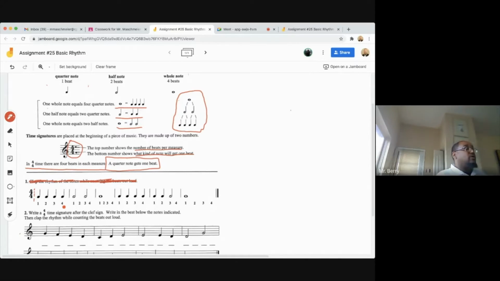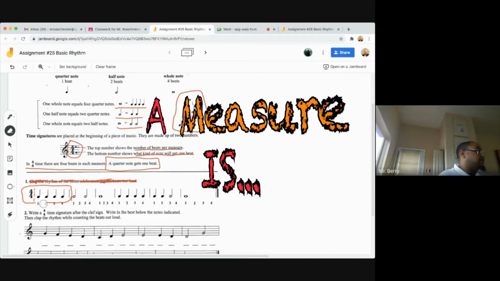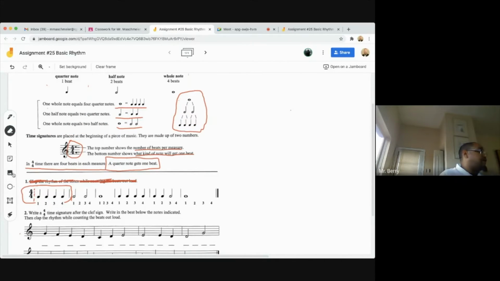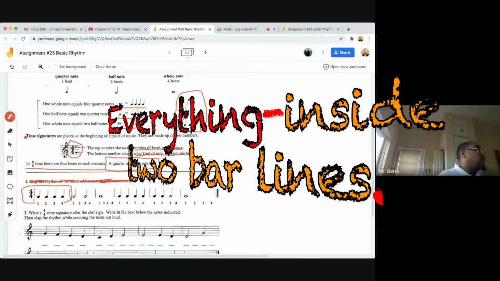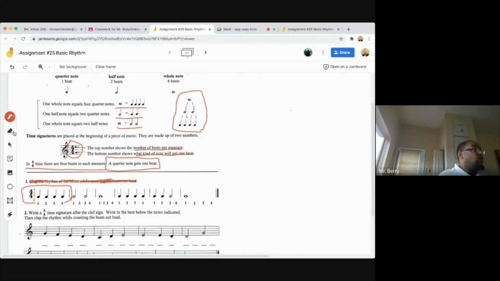From that line to the next line, everything inside of those 2 lines is known as a measure. So a measure is everything inside of 2 bar lines. So that would be measure 1. So the next measure, who can tell me what type of note would be in the next measure?